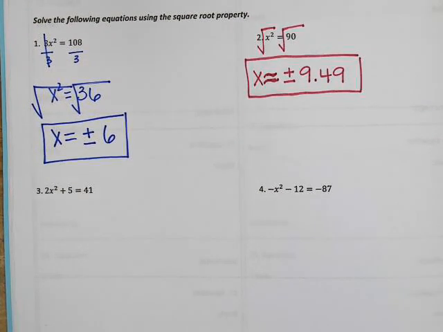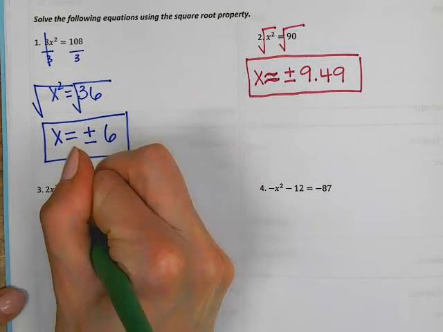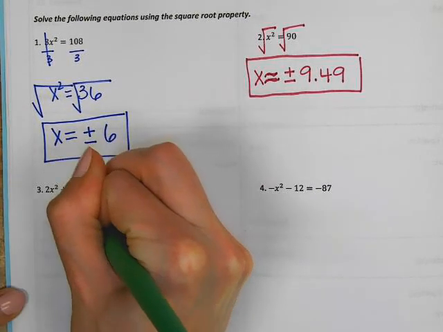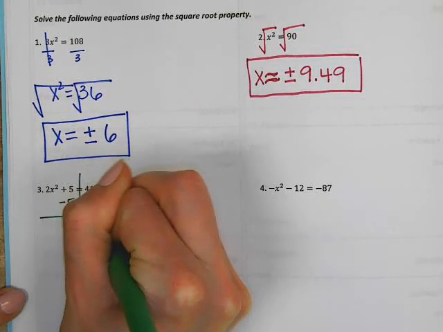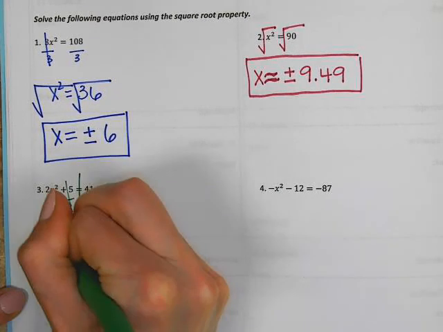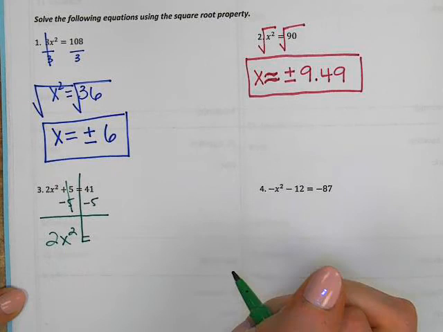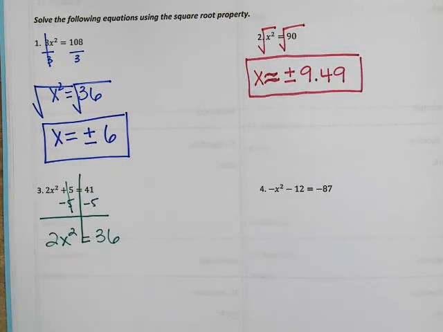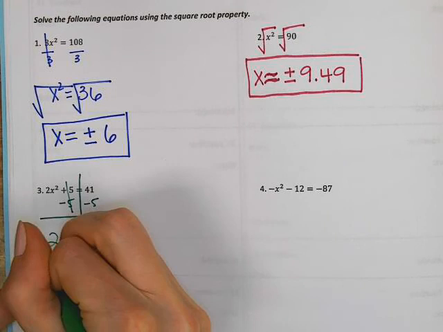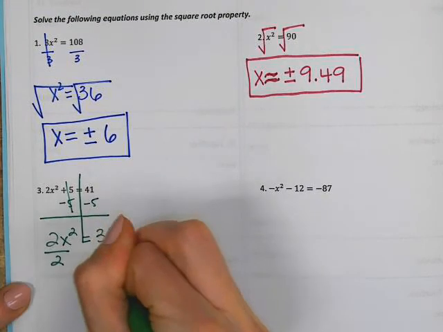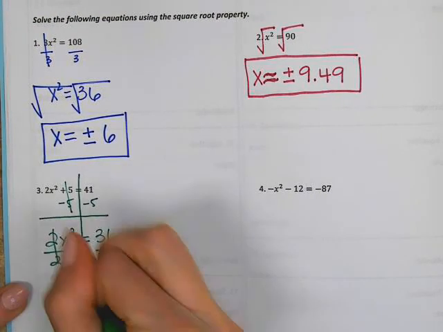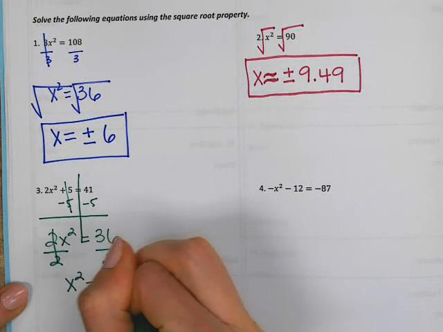All right, carrying on. Number 3, isolate first. So in this one, we have to subtract 5 first. And you get 2x squared equals 36. We're still not isolated, so then divide by 2, and you'll get x squared equals 18.